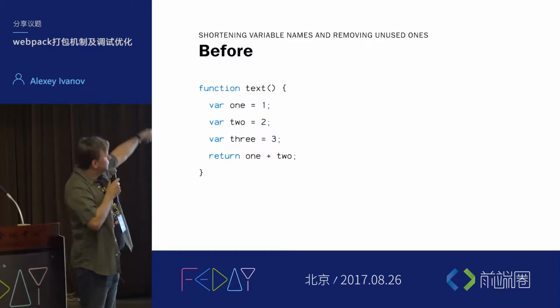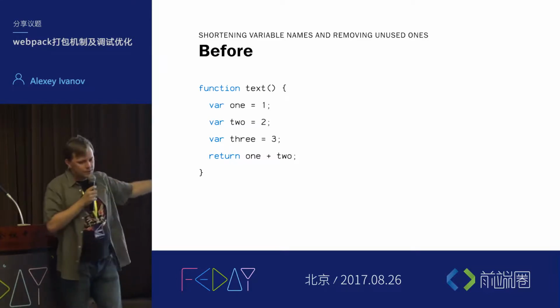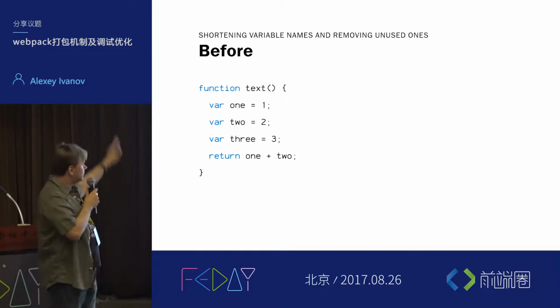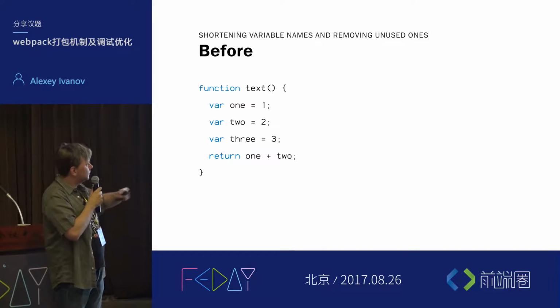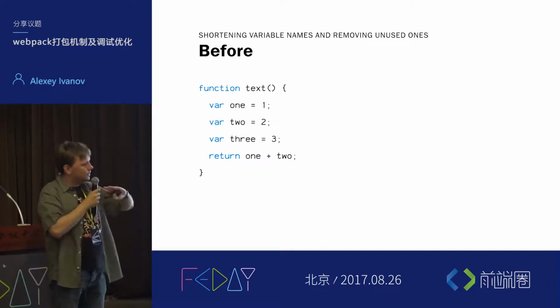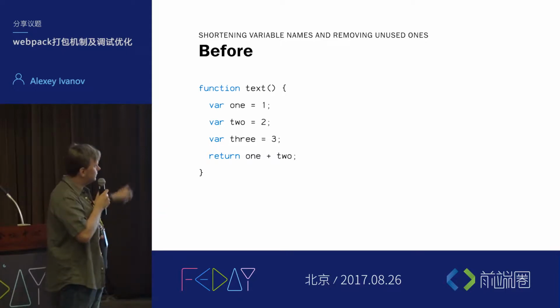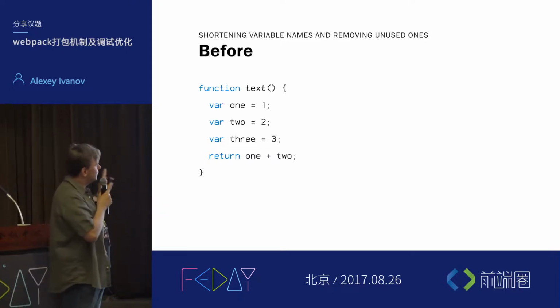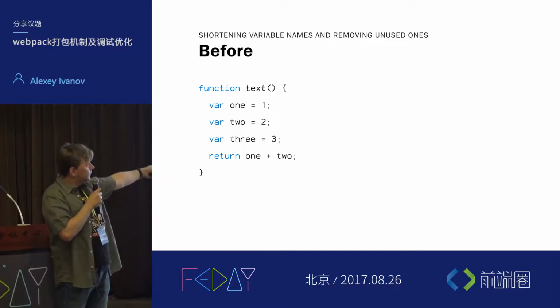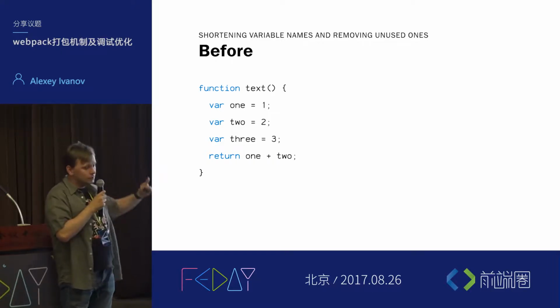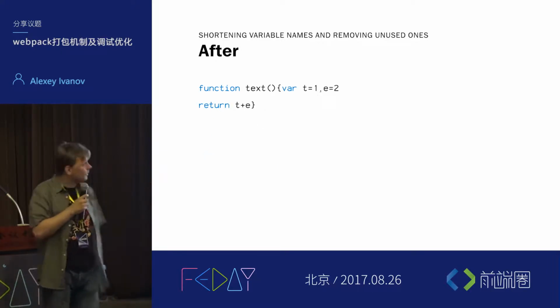This is an example of code before UglifyJS. As you can see, there is a function and some variable inside of it. But because functions have scopes and we know that these arguments cannot be used outside of this scope, we can safely remove them and rename them to shorter names. So we can replace variables with short names and remove unused variables.